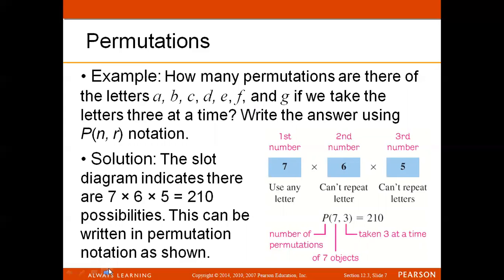This can be written in permutation notation as P(7, 3) equals 210. P is the number of permutations, 7 is the number of objects, and 3 is the number taken at a time. So permutations of 7 objects taken 3 at a time.